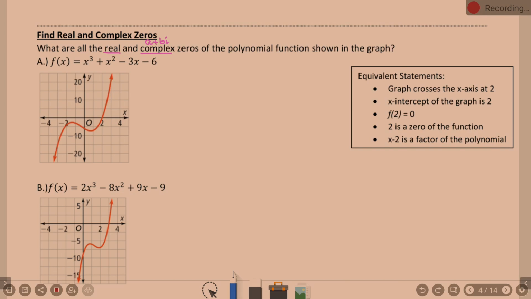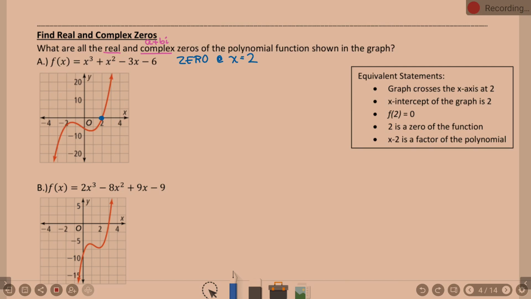You can tell me 1 zero for sure, no question about it. There's a zero at 2, yes? Because we know right there my graph crosses the x-axis, right? So right there, we know a real zero. We know without doing any work that there is a zero at x equals 2. Okay?